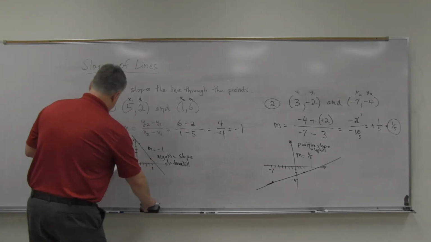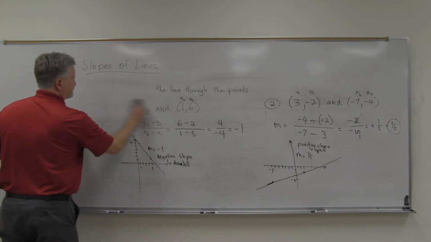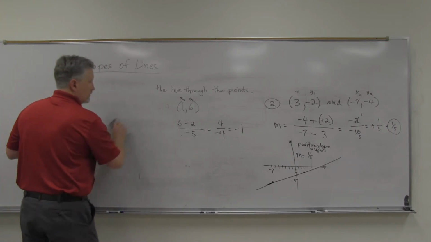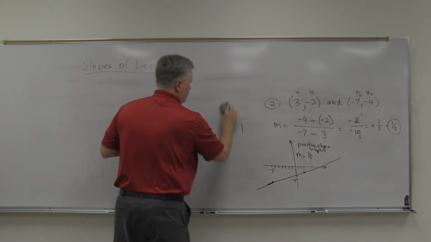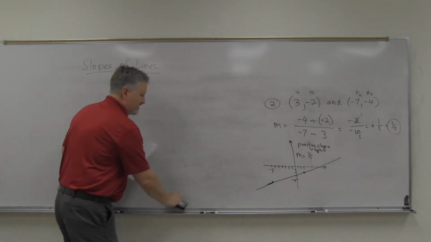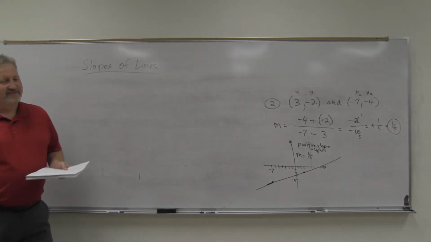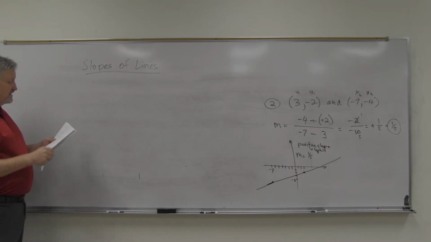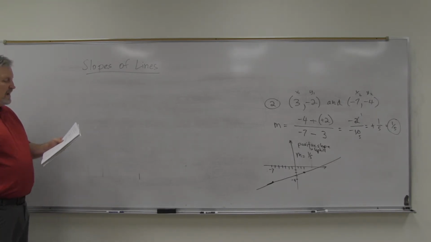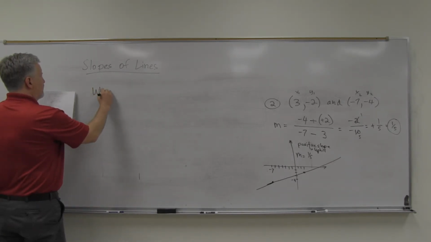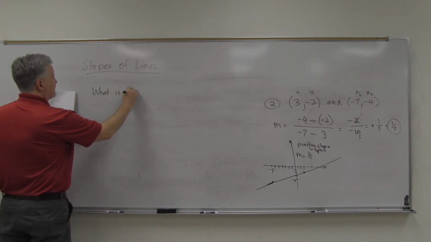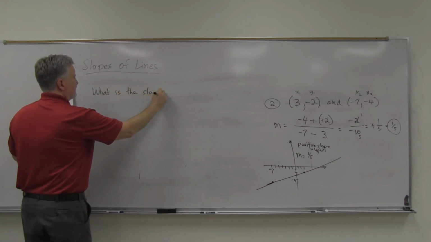One other one they have, kind of the question, this leads us to the last thing that we're going to talk about today anyway. What is the slope of the roof?